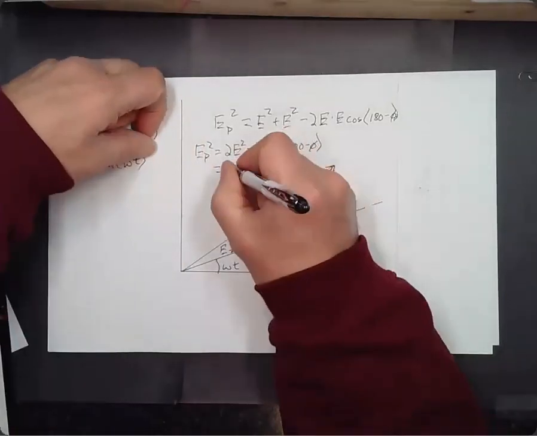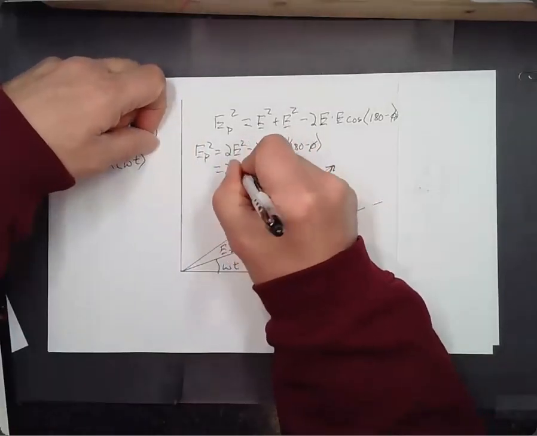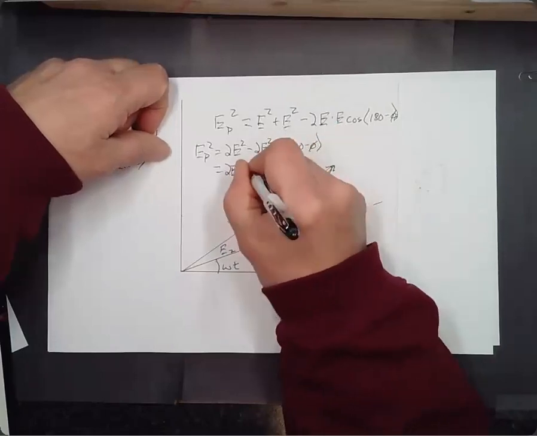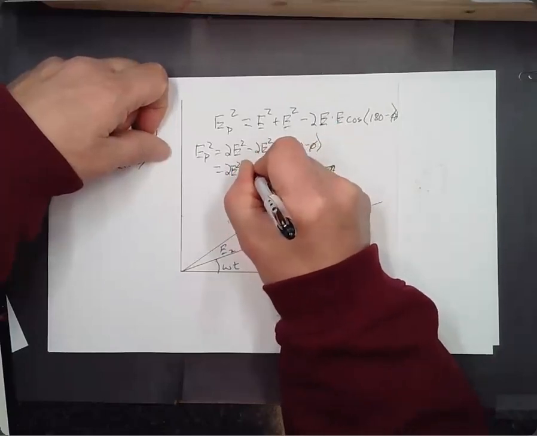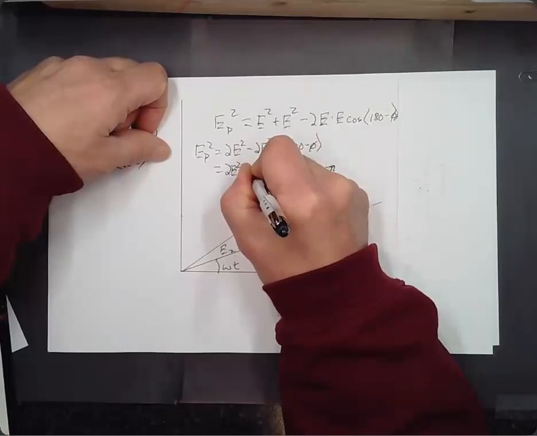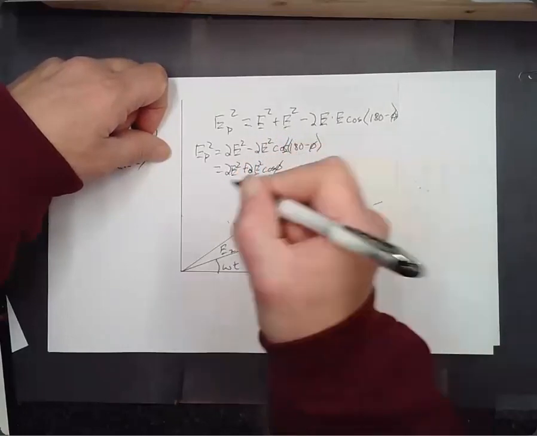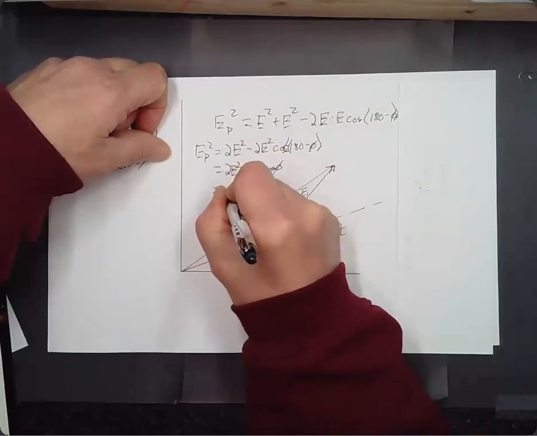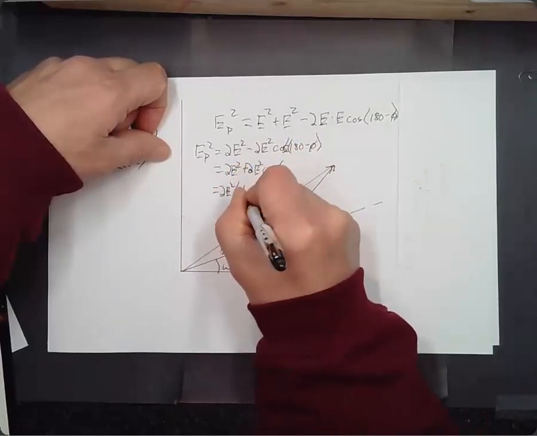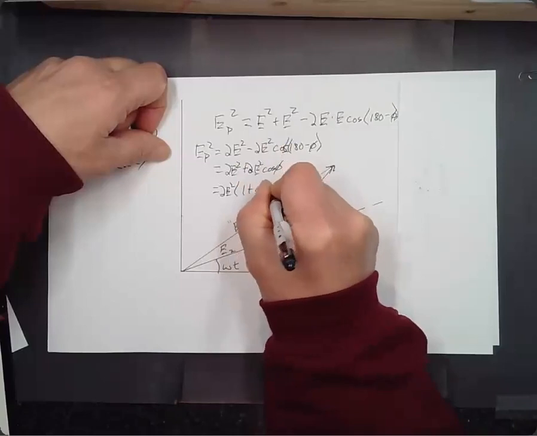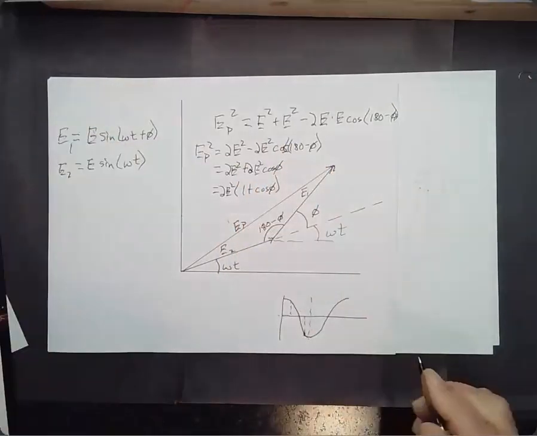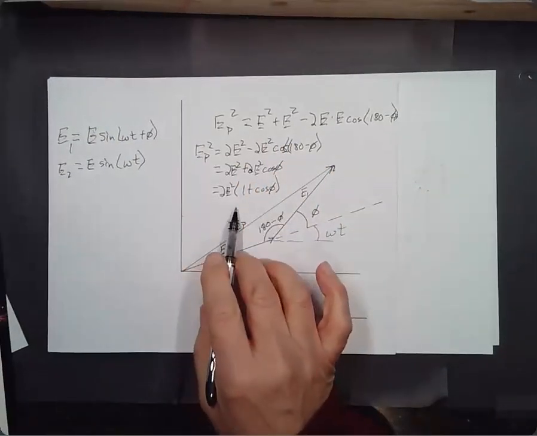So this thing ends up being 2e squared plus 2e squared cosine of phi. So that's one thing, which ends up being 2e squared times 1 plus the cosine of phi. So there's all kinds of weird math going on with these things.